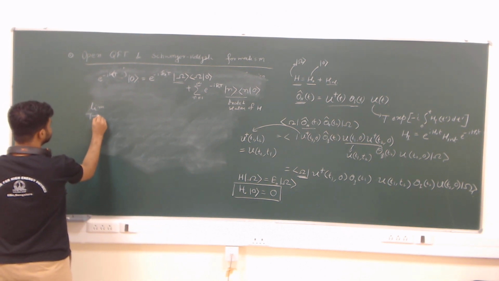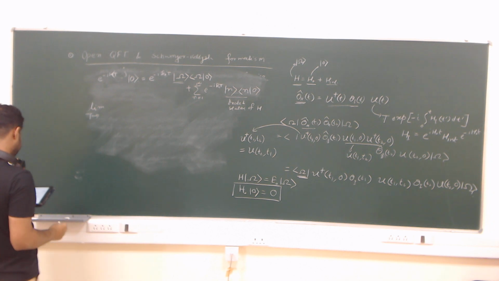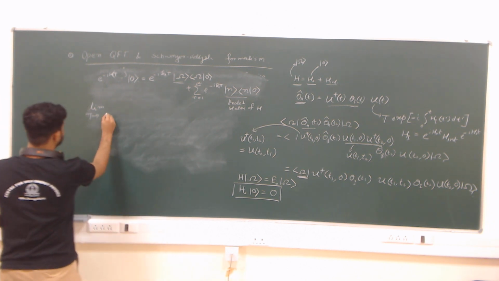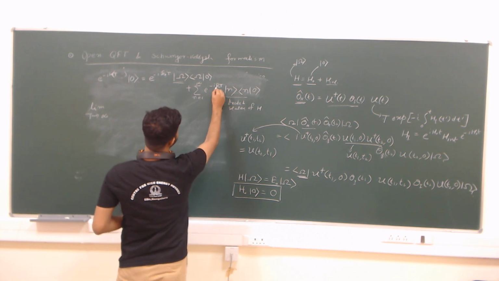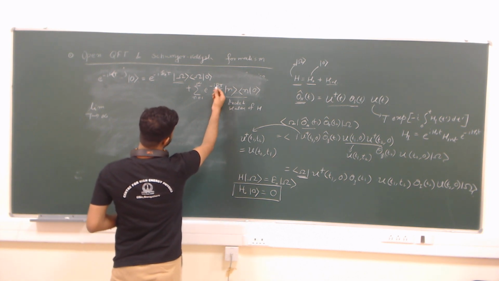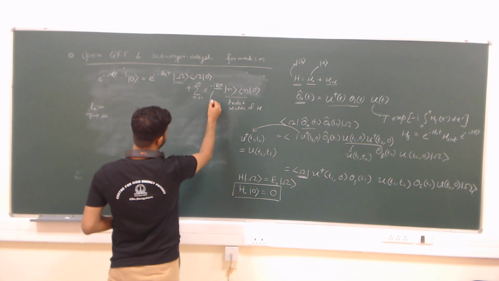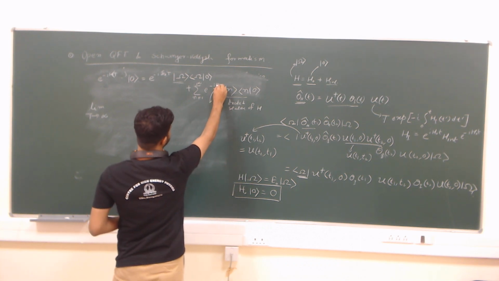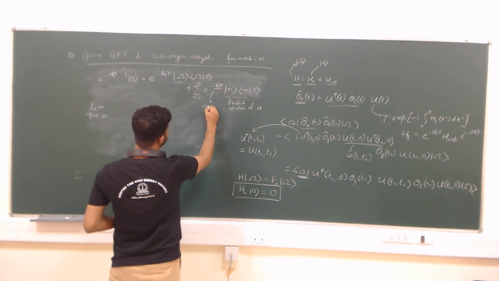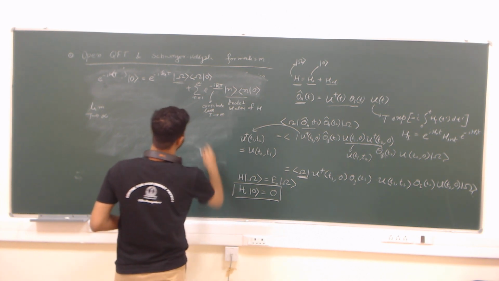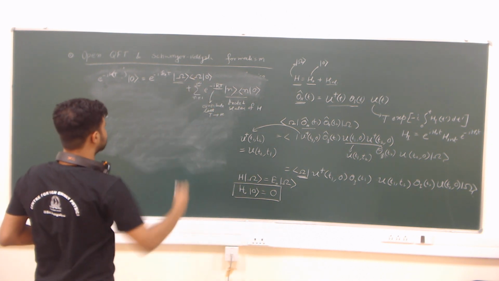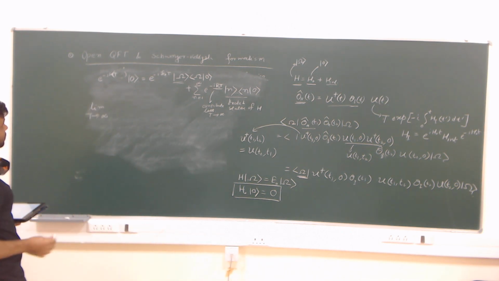If I take this t going to infinity limit, there are a couple of ways to understand this. Firstly, these are higher energy levels, so they will contribute less and less. In the t going to infinity limit, this will become very rapidly oscillating and average out to 0.